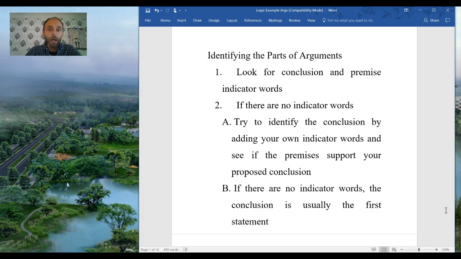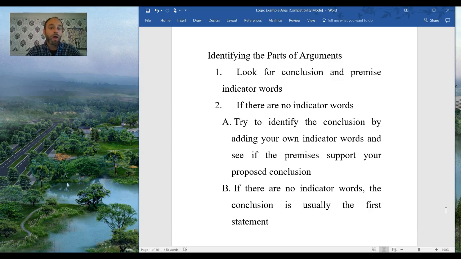So let's talk about identifying the parts of arguments. There are a few steps here. First, you want to look for conclusion and premise indicator words. I'll show you a list of those in just a second. And if there are no indicator words, then what you're going to try to do is identify the conclusion by adding your own indicator words and see if the premises support your proposed conclusion.